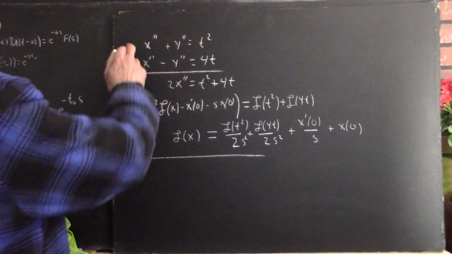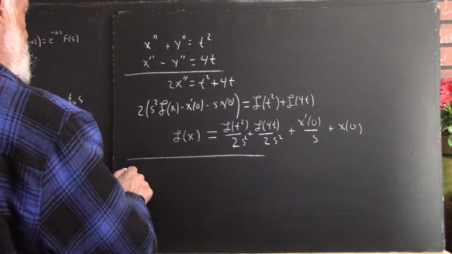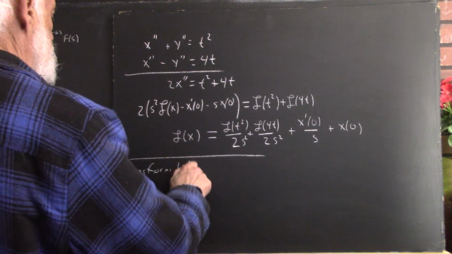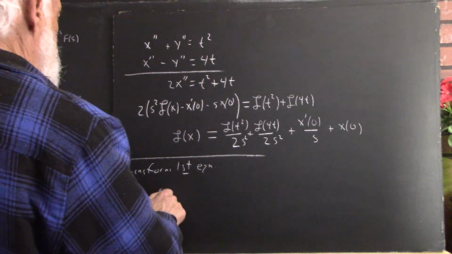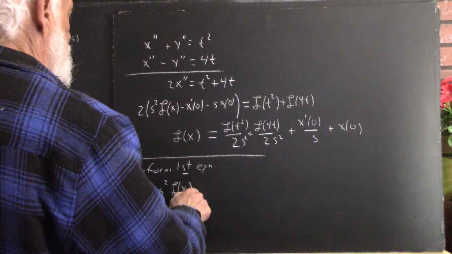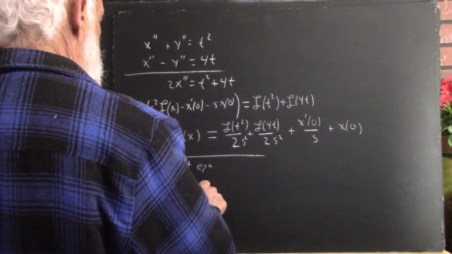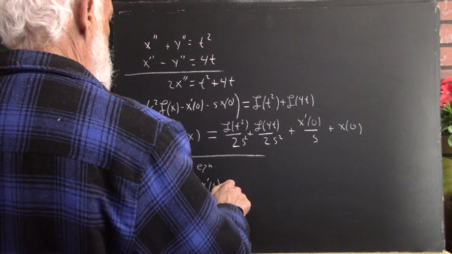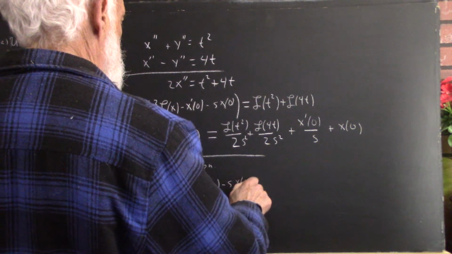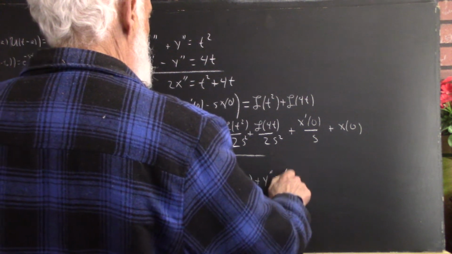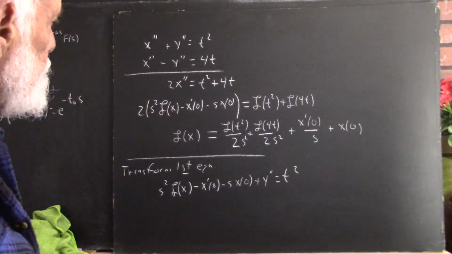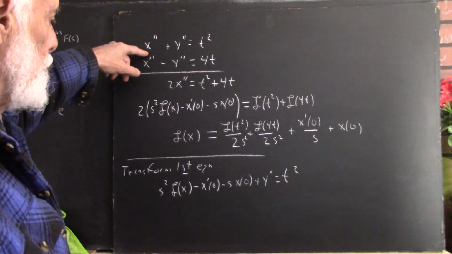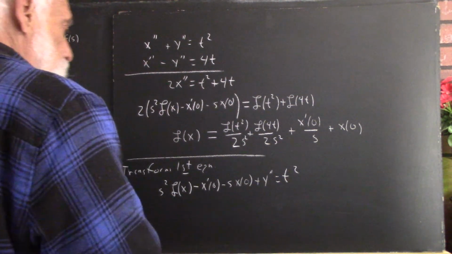Yeah, if I do the Laplace transform of the first equation, you get s squared L of x, plus the Laplace transform of y double prime.